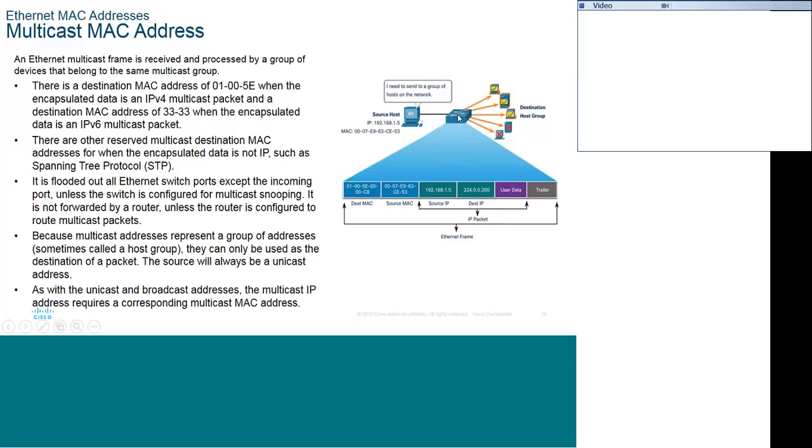When your MAC address starts with 01-00-5E, you have to know that this is a multicast MAC address. With IP addresses, if it starts with 224 to 239, it is also a multicast address.